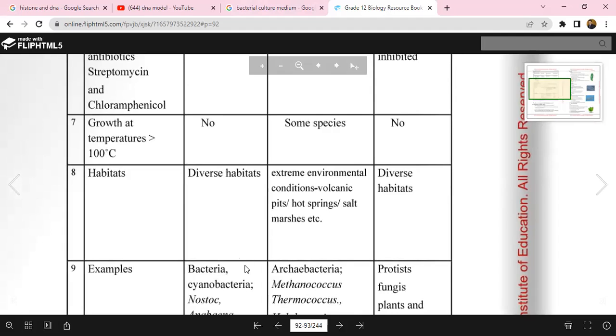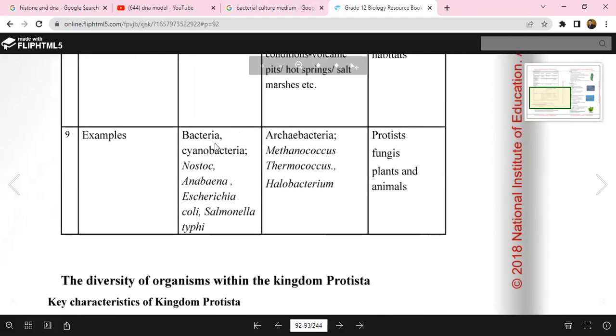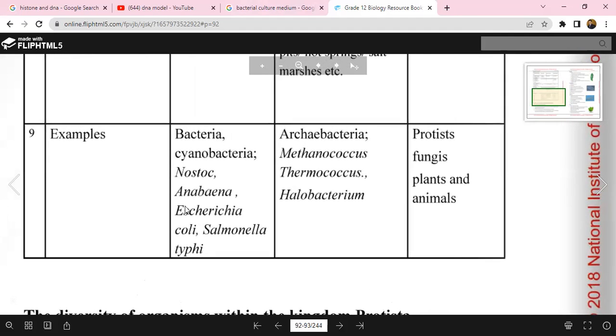Thereafter, finally, the examples. All these are scientific names. What are the scientific names written? Nostoc. Read the second one: Anabaena. Third one: Escherichia coli.